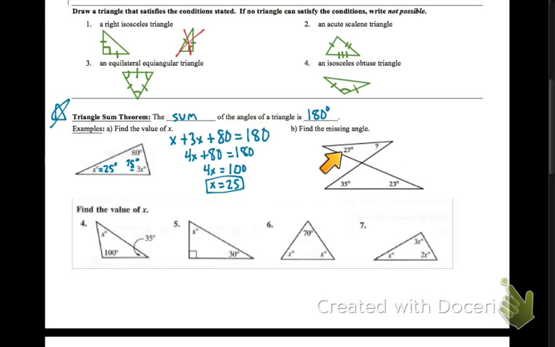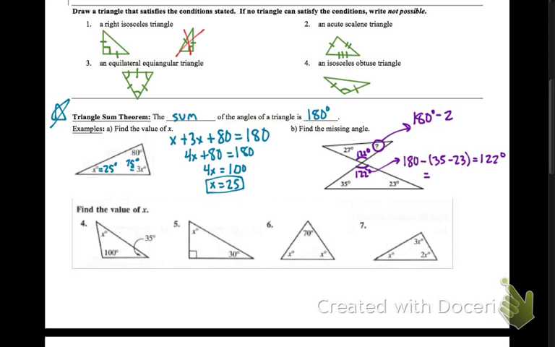To find this missing angle, I know this is 27 degrees. I need to know what this angle here is, right? Well, we don't have enough information in that single triangle, but look, it's vertical to this triangle down here. So before I can figure out what this angle is, I need to figure out what this angle is in this other triangle. 35, 23, and what? Well, 180 minus those gets us 122.